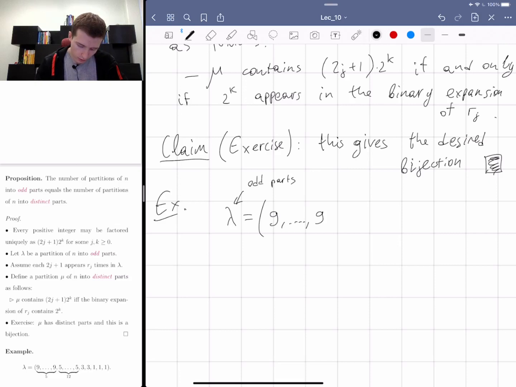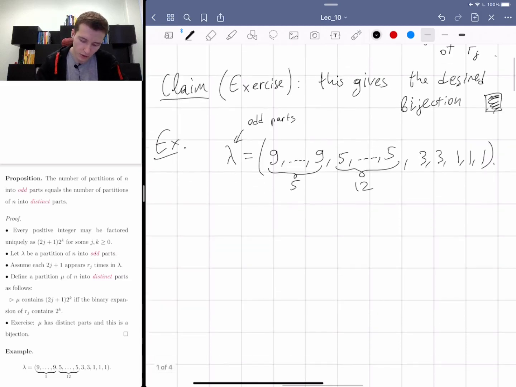So 9 five times, and then 5 twelve times, and then 3, 3, 1, 1, 1. So it's a partition of 114. I wanted a big example because for small examples, it is not that clear what this bijection is doing.